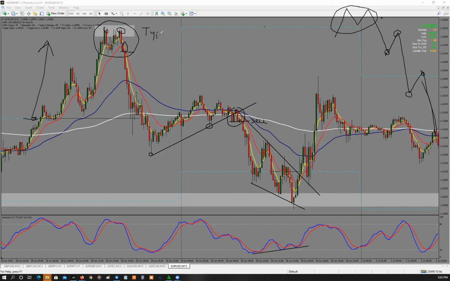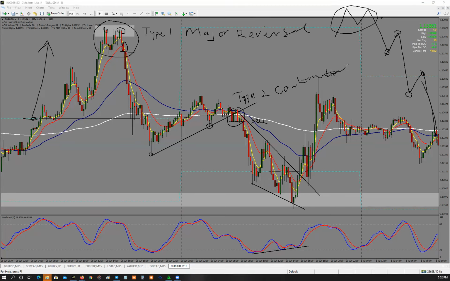I'll just name it type 1, okay, and this is type 2. What is type 2? Type 2 is pullback. Continuation setup. These are major reversals. I wrote it out earlier. Major reversals, and this is continuation setups.